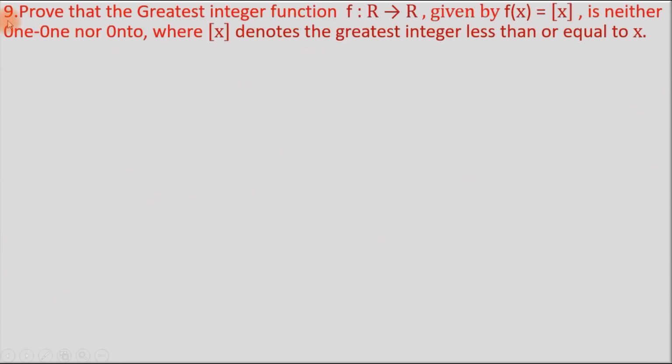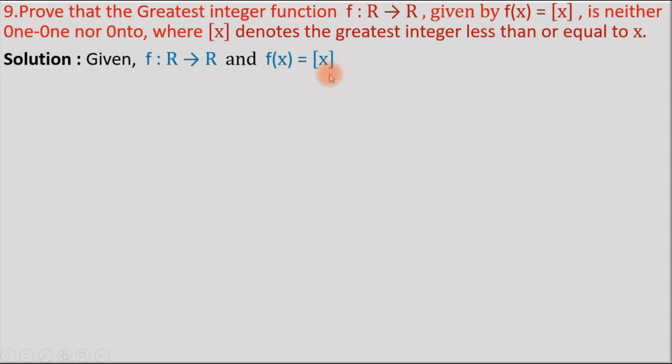Next, problem number 9. Prove that the greatest integer function f from R to R given by f of x equals the greatest integer function of x is neither 1-1 nor onto, where the greatest integer function denotes the greatest integer less than or equal to x. Given f from real numbers to real numbers and f of x equals greatest integer function of x.